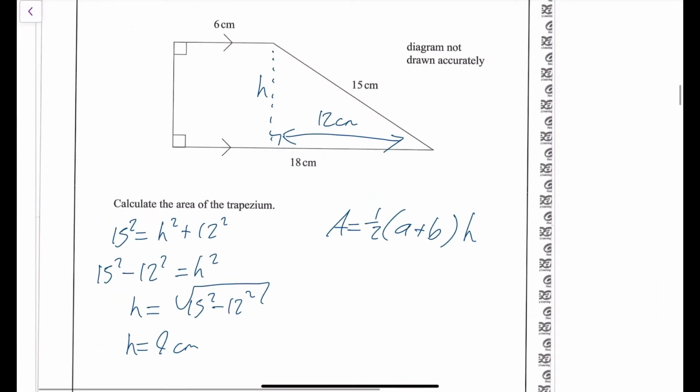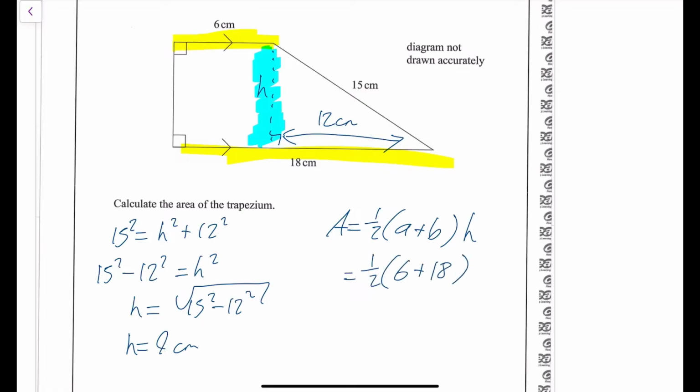I know one of my parallel sides is 6, the other one is 18, and I also know the perpendicular distance between them, which I've now calculated to be 9. So let's get cracking. So that's a half, parallel sides 6 plus 18, perpendicular distance between them is 9. Fire that into your calculator, you'll get 108 centimetres squared.